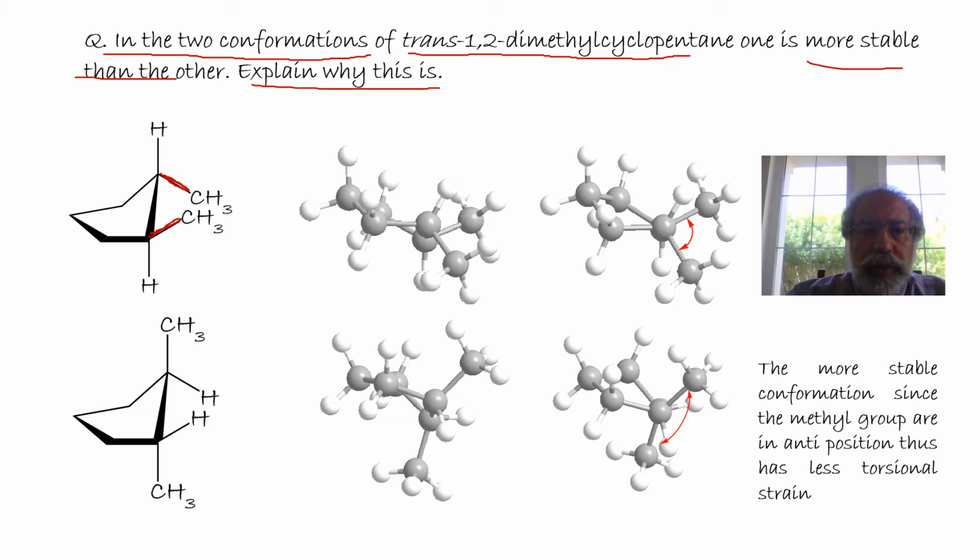So if this is up and this is down, this is trans. But we can hook the CH3 in that direction and the CH3 in that direction. They are trans again, up and down. Which conformer will be the more stable?